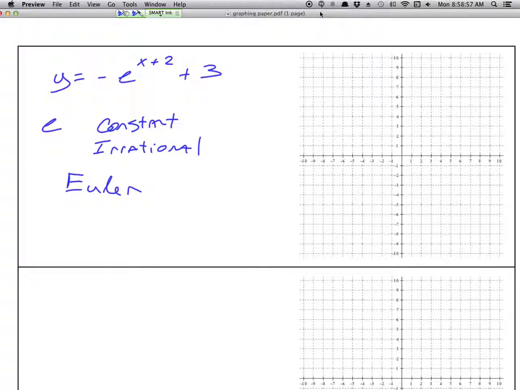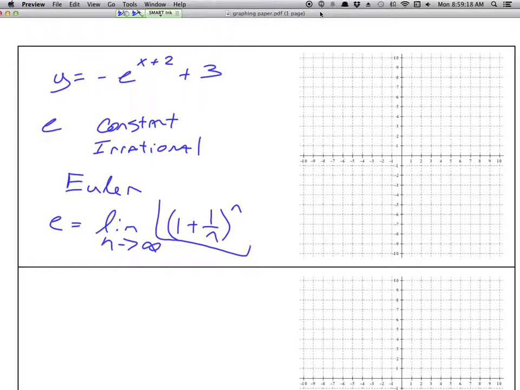This isn't going to make much sense to you, but e is equal to the limit as n approaches infinity of 1 plus 1 over n to the nth power. But we'll do something a little bit later on the day that is similar to that, and it should make sense why there's a connection between e and what we're doing today.